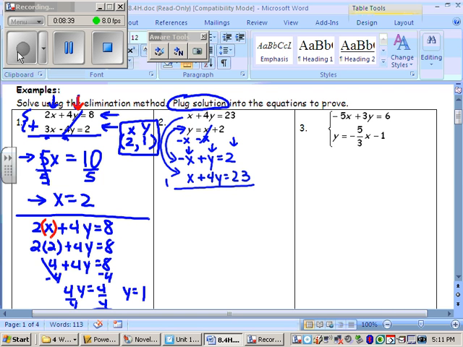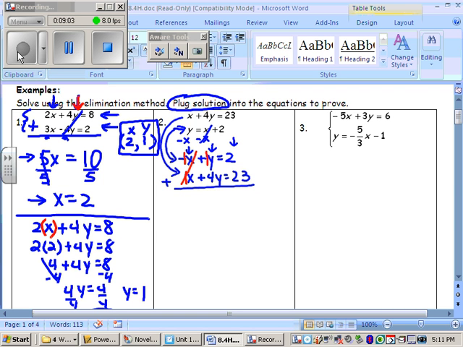So now we are allowed to go ahead and add as long as either the coefficients of the x's or the coefficients of the y's add up to 0, which would allow us to eliminate a variable. So notice the coefficients of x do add up to 0, negative 1x plus 1x, so we can eliminate the x.